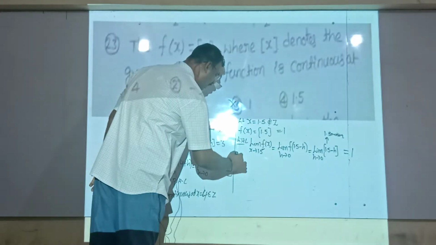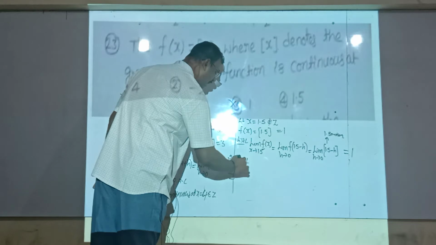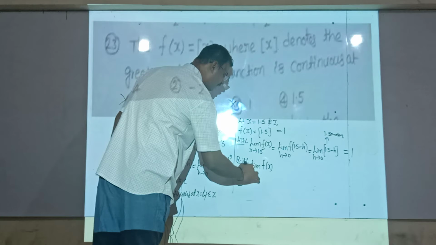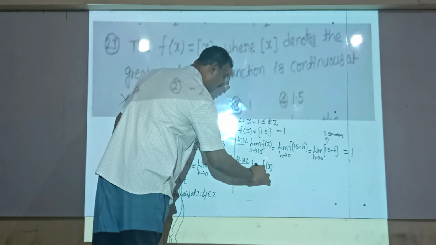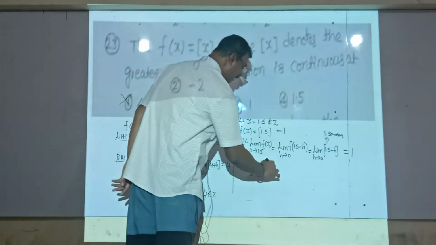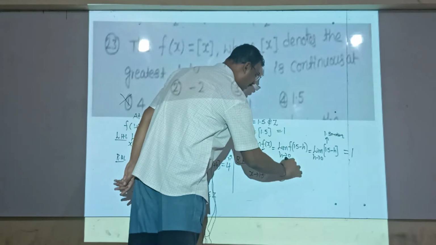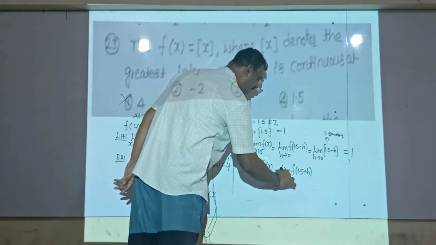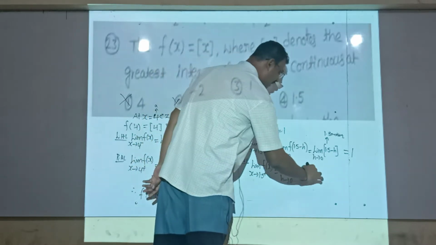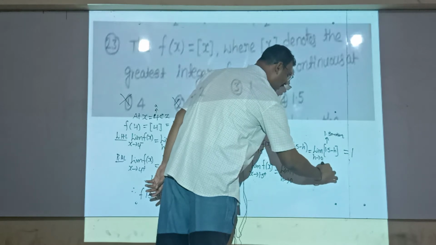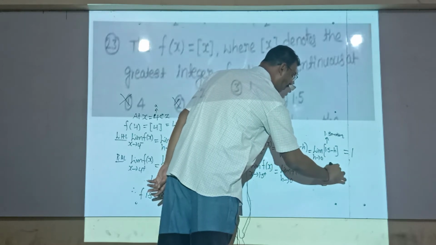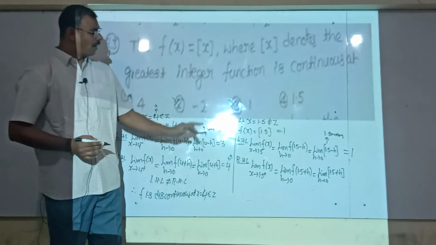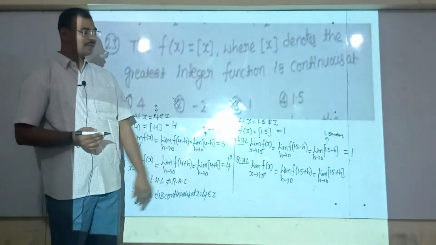In the same way, I have to define the right hand limit also. The limit of f of x as x approaches 1.5 plus equals the limit of f of 1.5 plus h as h tends to 0, which equals the limit of the greatest integer of 1.5 plus h as h approaches 0. 1.5 plus h, what does it mean?